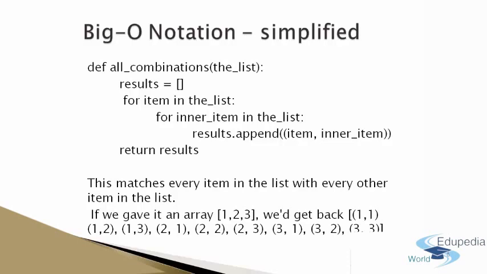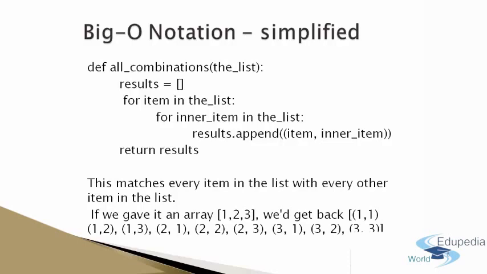Okay guys, so there's a for loop which is navigating all the items in the list, and then again we have a for loop which is navigating the inner items in the same list. So we are actually navigating the item and the inner item, so we have two loops over this list. Then we append item with the inner item and return the result.